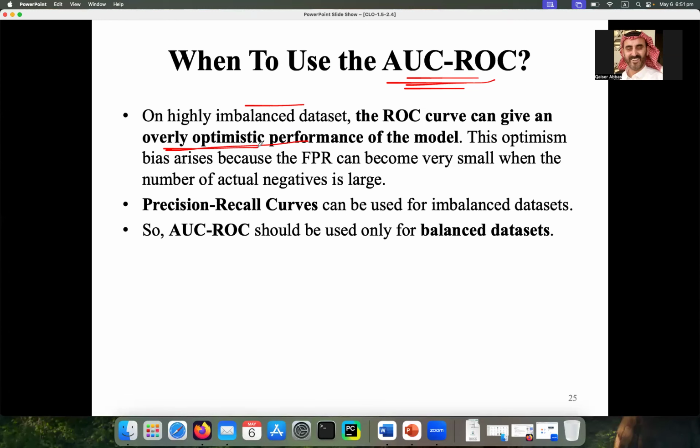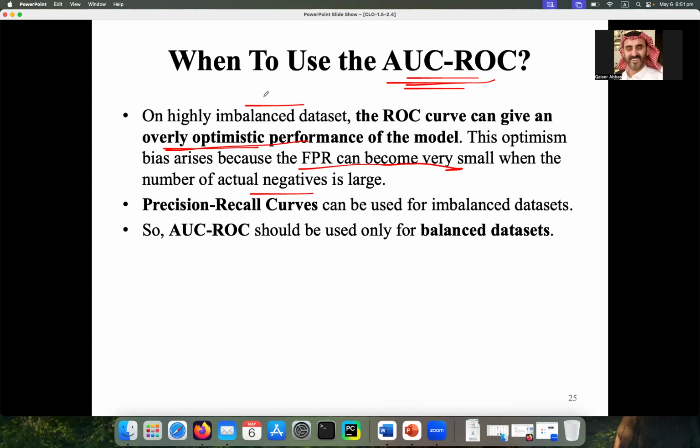It will give you positive results in large quantity, but actually they were not, because your data is imbalanced. And when your data is imbalanced, normally FPR is very small, because you have a large number of actual negative instances, which your model is predicting positive, but actually they are negative.